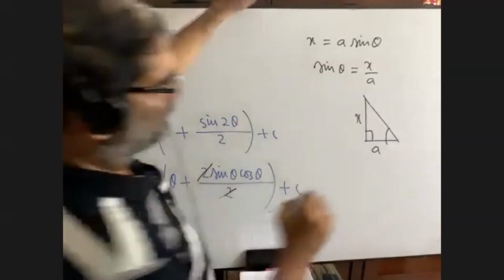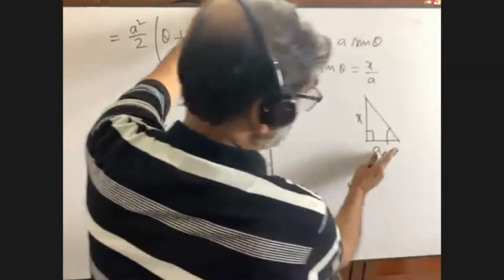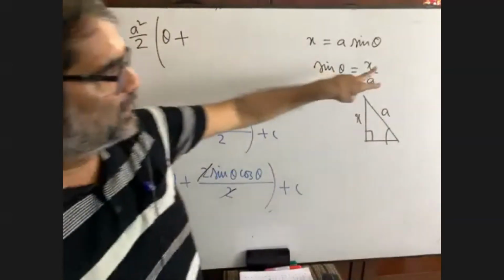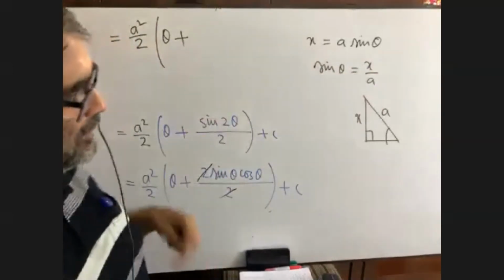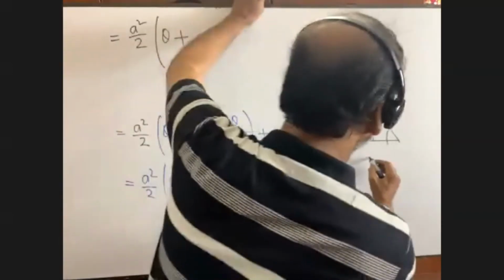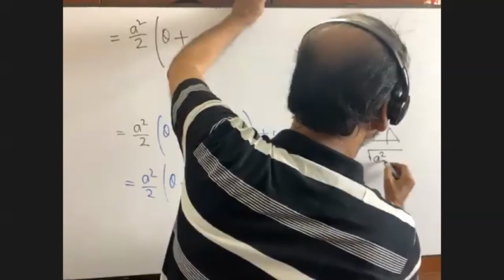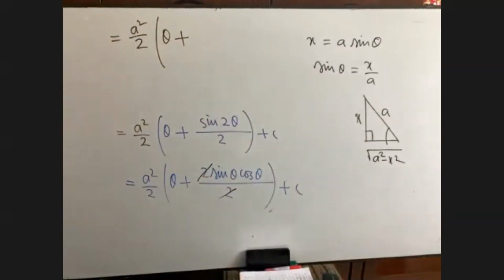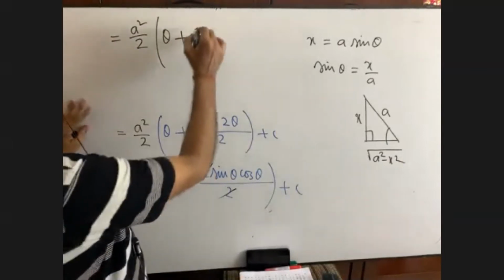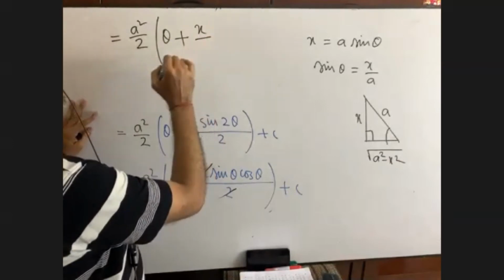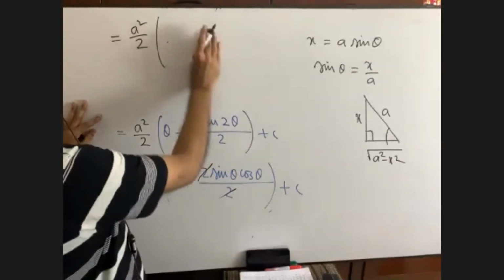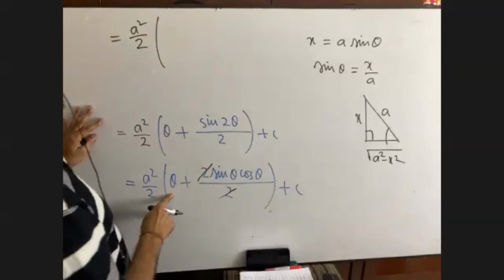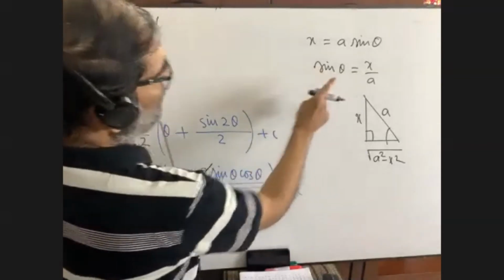So we are getting here actually, oh, sorry. It is not here. This is a, right? I mean, sine theta is what? Perpendicular by hypotenuse. So we are getting the base as root over a square minus x square. Am I right? Okay. Now, what is the value of sine theta? Sine theta is x by a. Wait. Here, theta equals to what? Theta is equal to sine inverse x by a.